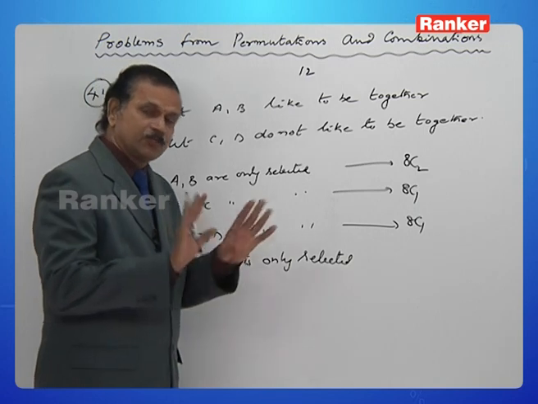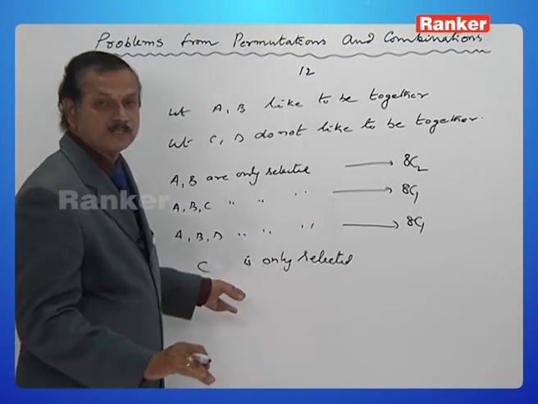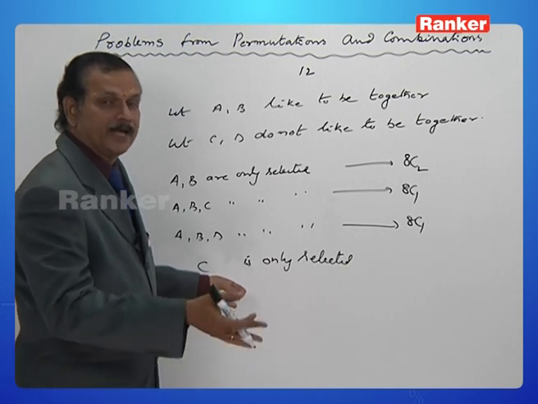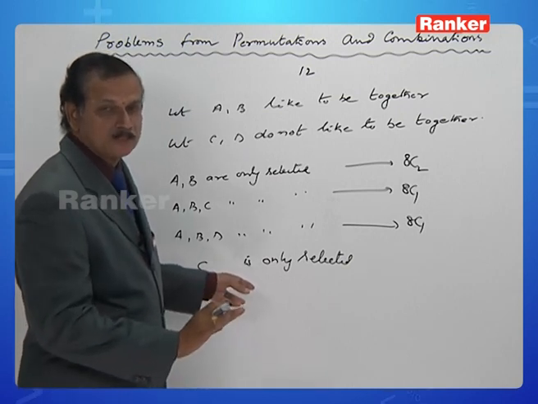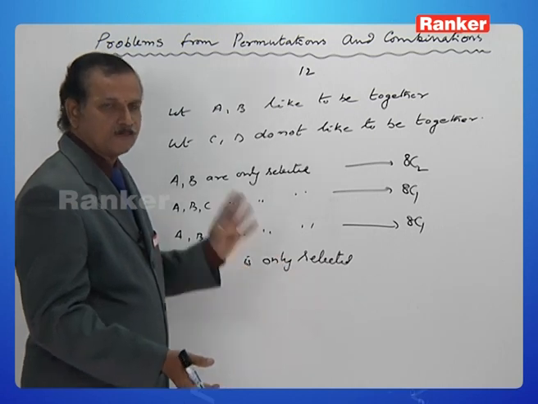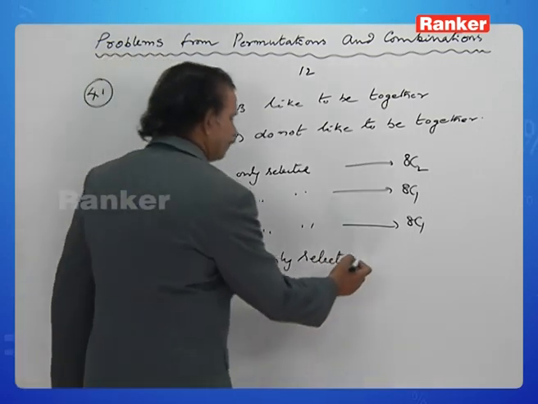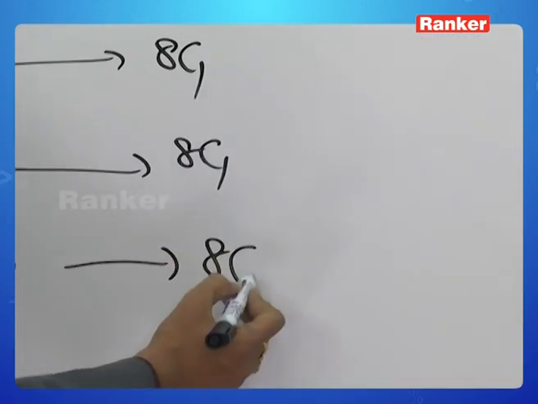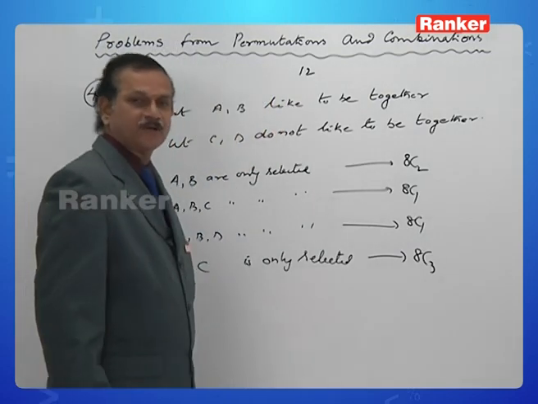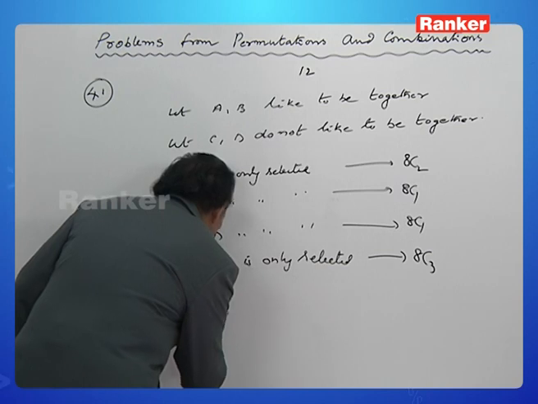Therefore, out of 12 members, you first omit C because he is already selected. Next omit A and B because they are not selected. Omit D also because it is not to be selected. So omit 4. From the remaining 8, how many people are required? 3. Why? Because the committee should comprise 4 students. And then D is only selected.